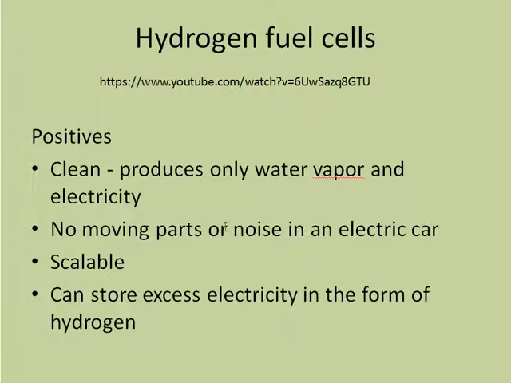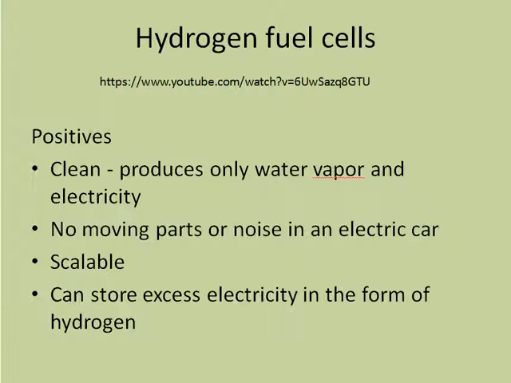There are no moving parts or noise in electric cars. This is scalable, so you can have very big or very small hydrogen electrical generation. And you can store the excess electricity in the form of hydrogen. So if you generate more electricity than you need, you can use it to create hydrogen and store it, so that it is usable at a later time.